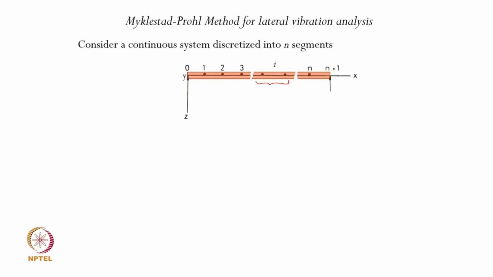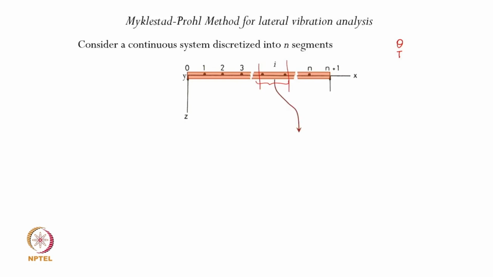In the Holzer method, the twist and the twisting moment were the 2 state variables which we used. In this case, because the beam is bending in this vertical plane, we will have to check what state variables are required to properly capture the dynamics in the lateral direction.